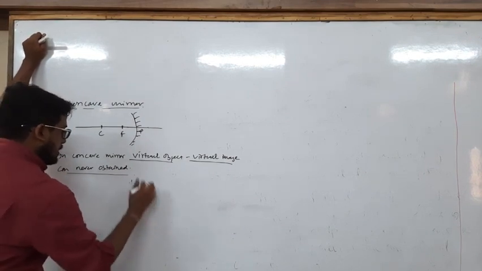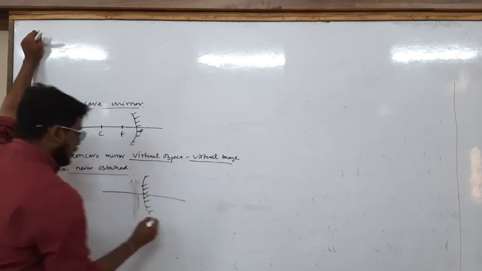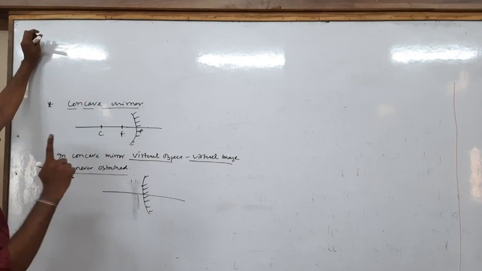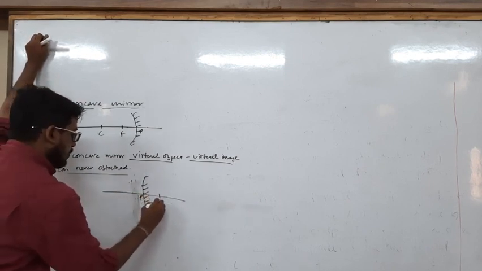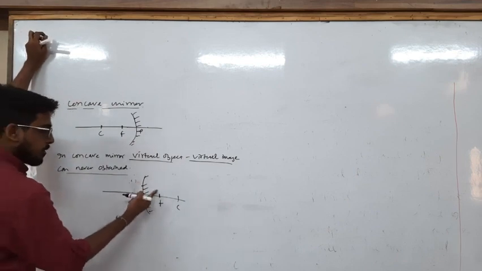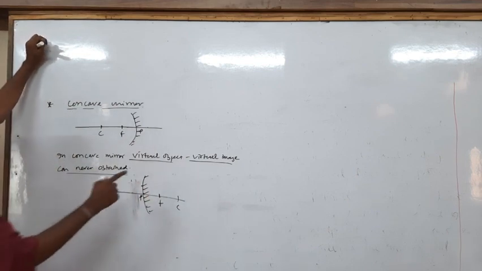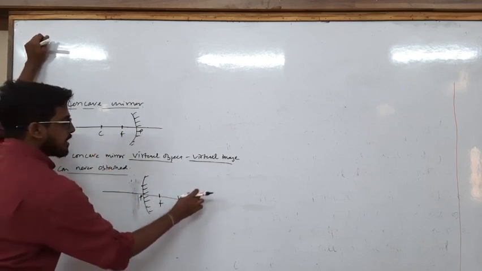like this is the case of a convex mirror. So here a real object and real image can never be obtained, because if the object is real, the image will be virtual. This is the pole, this is the focus, and this is the center of curvature. If the object is virtual, the image will be real. But a virtual object and virtual image can both be obtained between C and F, and C and plus infinity.